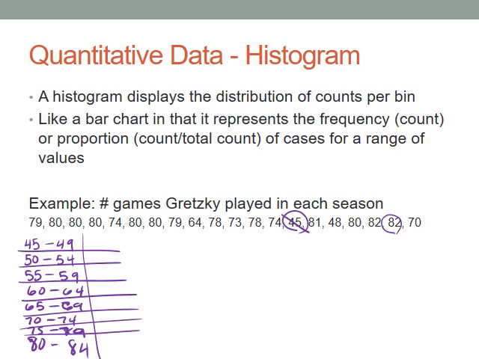Oh, sorry, I forgot 48. We had 48 here for the last one. I'm not seeing anything in the 50 to 54 range. 55 to 59, I'm also not seeing anything. So it looks like we're going to have a gap in our data. 60 to 64, I have a 64 here.